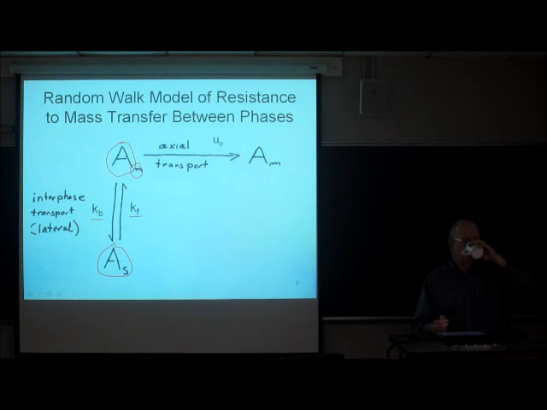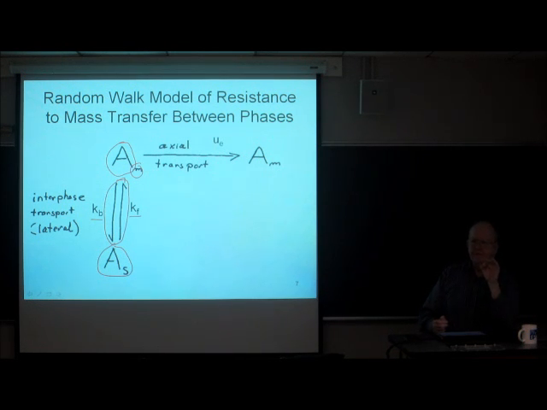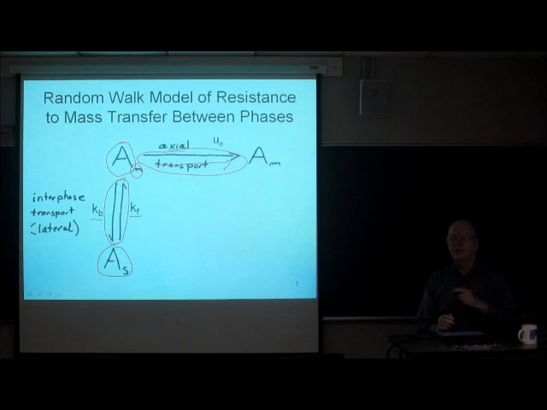Now, it should be clear that if these two processes here are slow compared to this process, you're going to get peak broadening. And the faster you do this process, the more broadening you're going to get. So clearly, if you increase the velocity of the solute when it's in the mobile phase, you're going to make broadening worse.